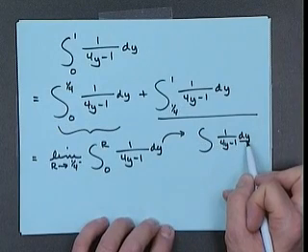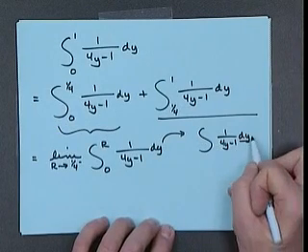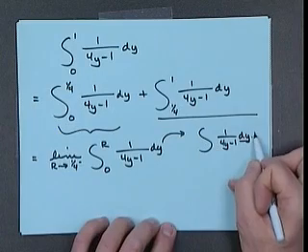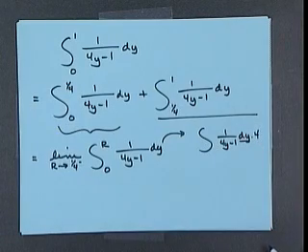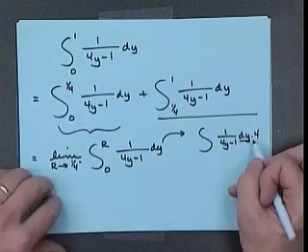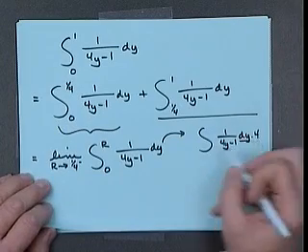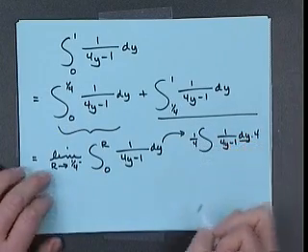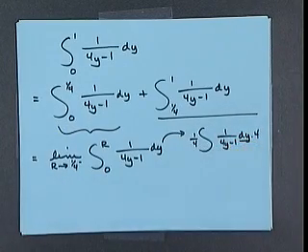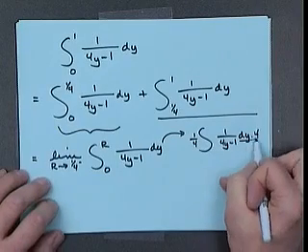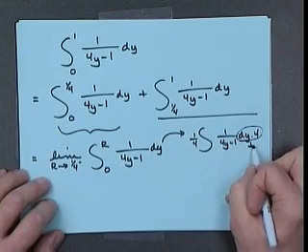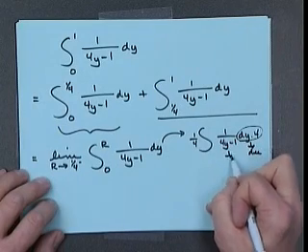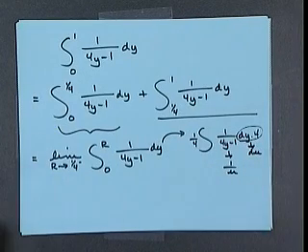Don't we need a 4 dy? If you're used to this process, I need a 4. So I can't just manufacture a 4 without also manufacturing a 1/4. So this is now du, and this is now 1/u.